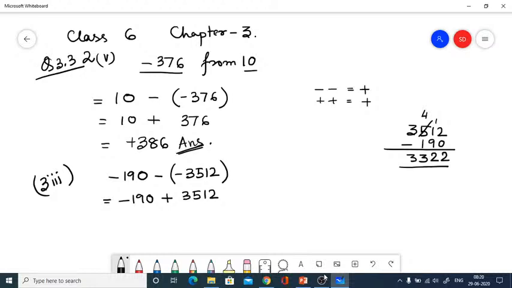So the answer is 3322. Now let's see what will be the sign of the number. Since the greater number is positive, the answer will also be positive.